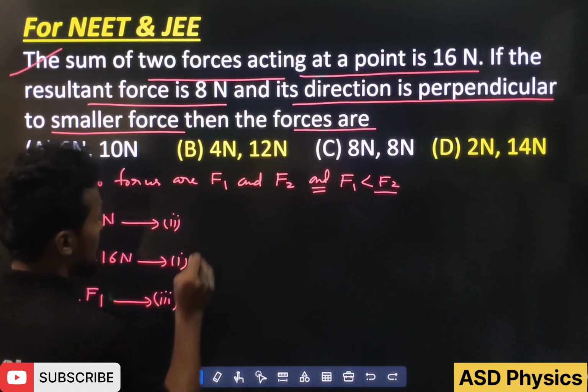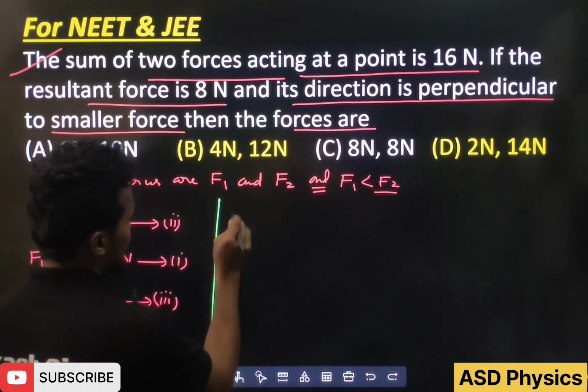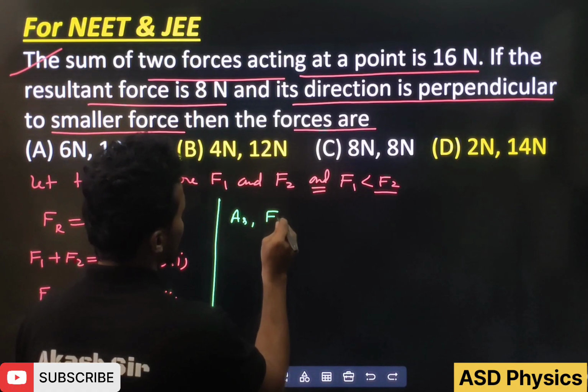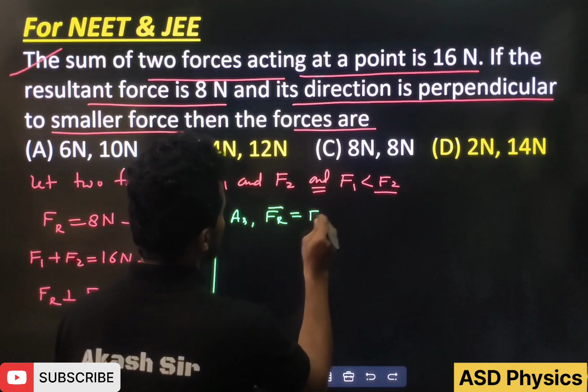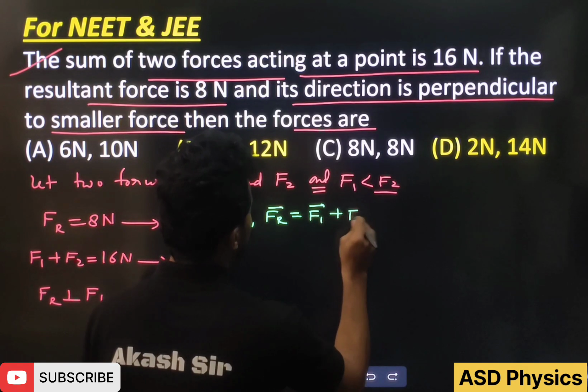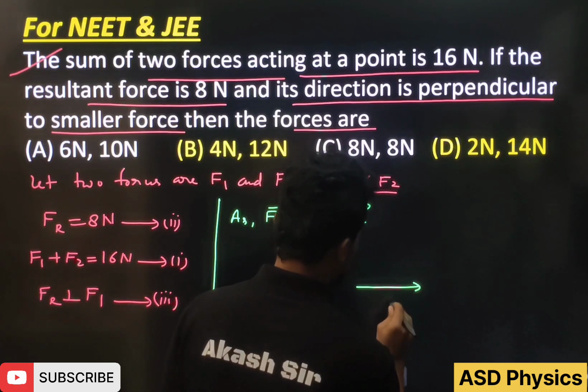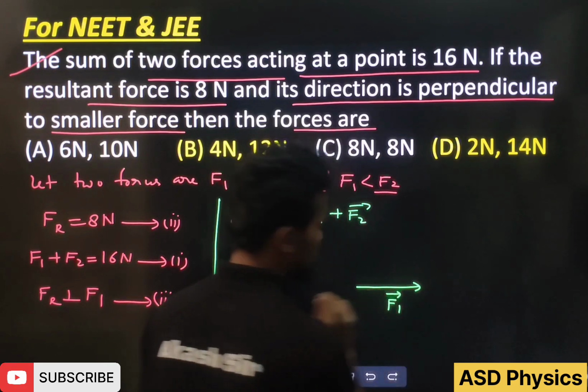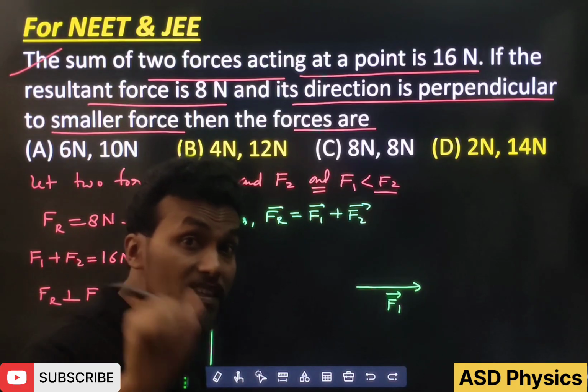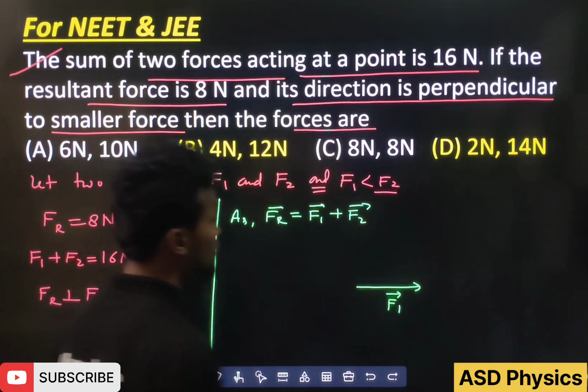Now we know that the resultant is equal to F1 plus F2. Let me draw here. This is F1, and the resultant is perpendicular to F1.